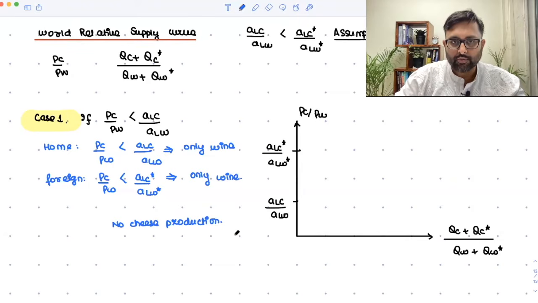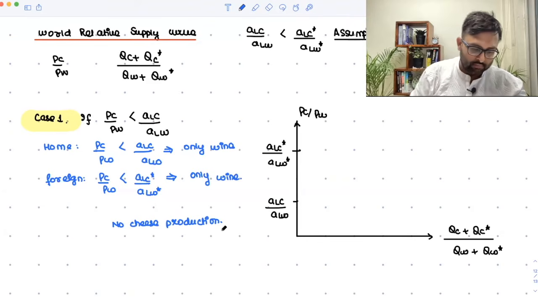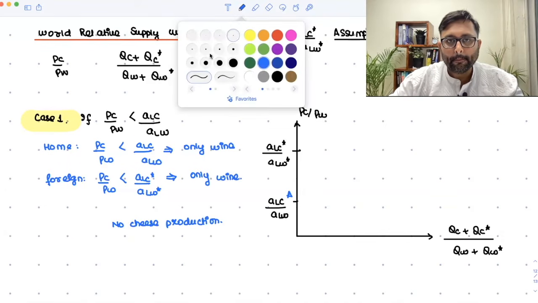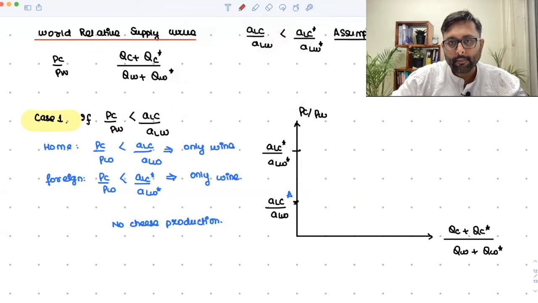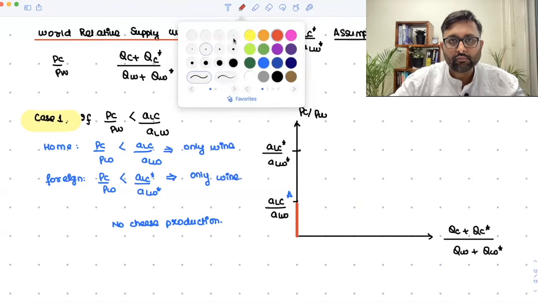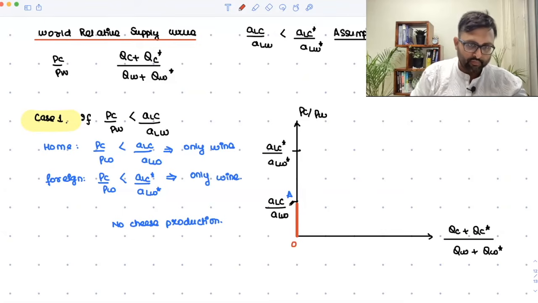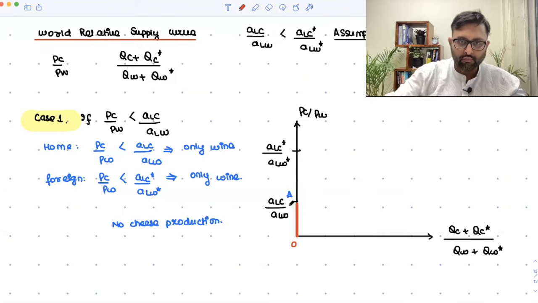If there is no cheese production, you are sitting at the origin. Let me call this point A. So this is that part of the relative supply curve, OA. That is case 1.